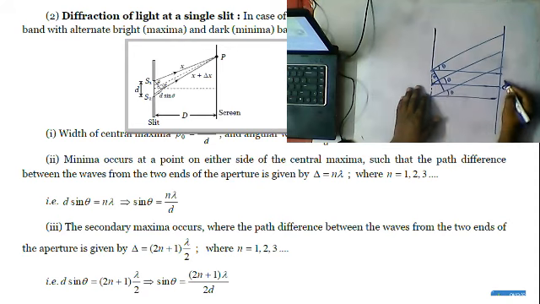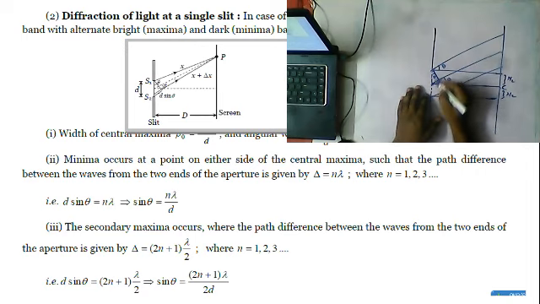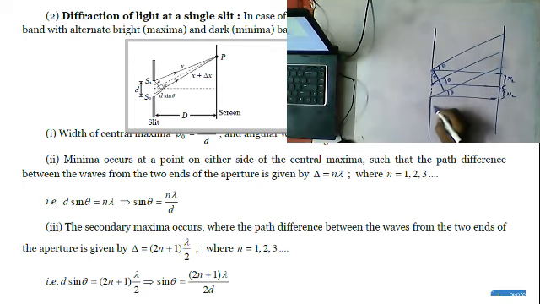So it should have a path difference of lambda by 2 here, and here it is lambda. If you clearly observe, this total will be the total path difference.